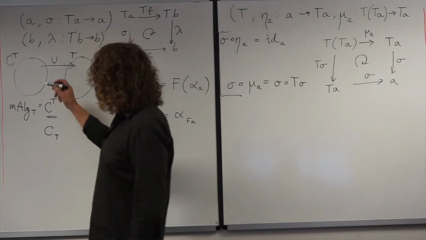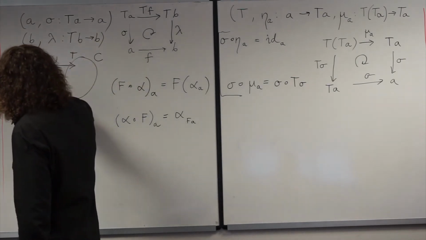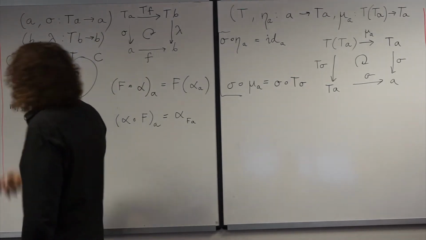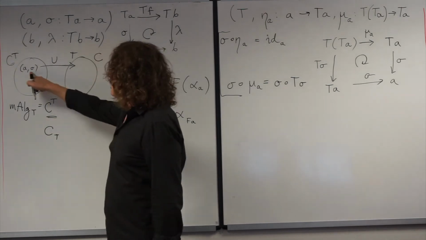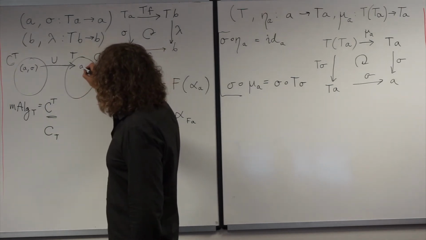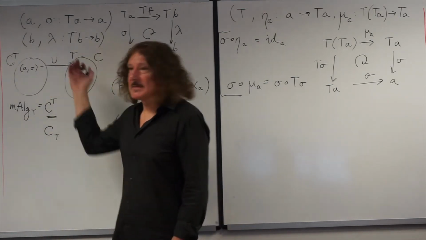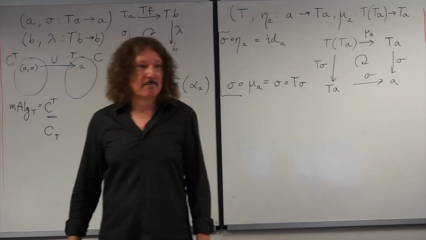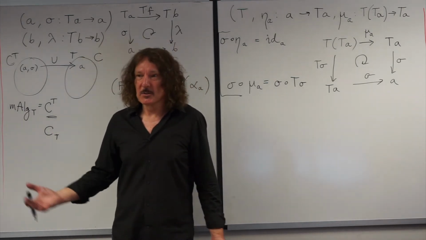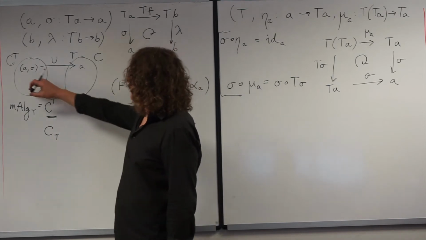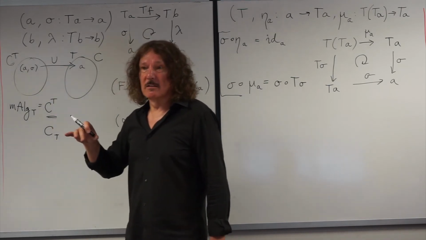You start with an algebra (A, sigma), and it maps this to A. It just forgets about sigma. It is a functor. How does it work on morphisms?